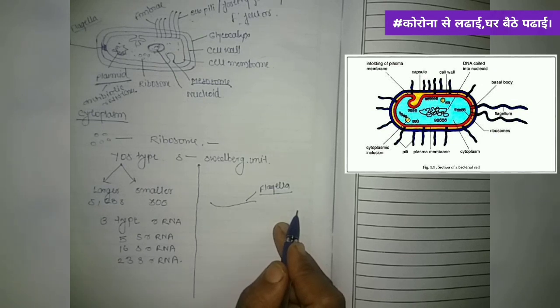Some bacteria are without flagella, which is known as atrichous.